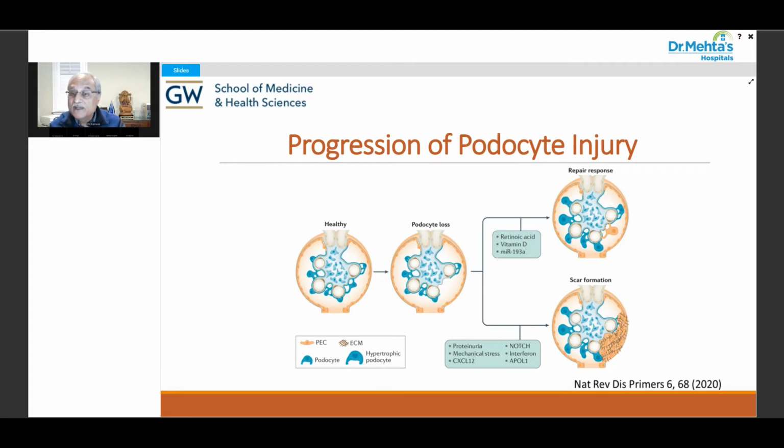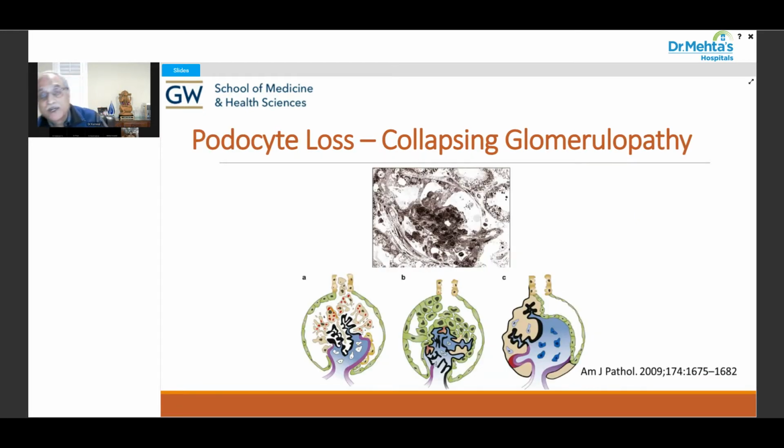Well, if the mechanisms do not work, then there's excessive fibrin deposition and formation of scar that leads on to sclerosis of that particular glomerulus and glomerular death. This is an extreme example of podocyte injury in the form of collapsing glomerulopathy, as you can see in the light microscopy picture. Diagrammatically shown here, the podocyte is lost.